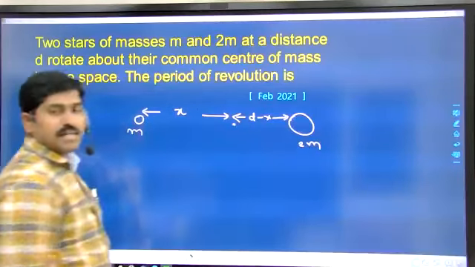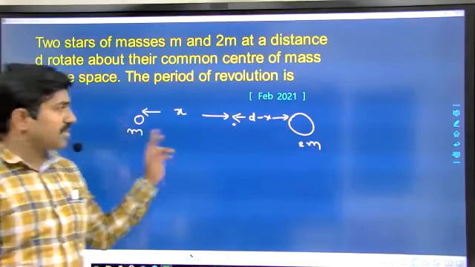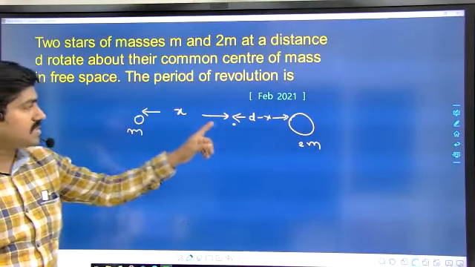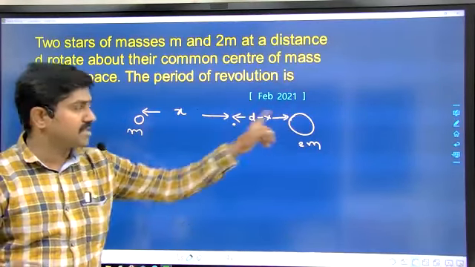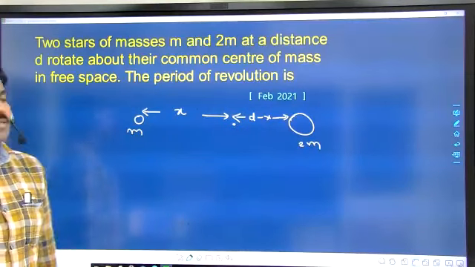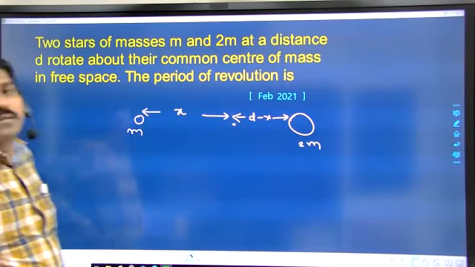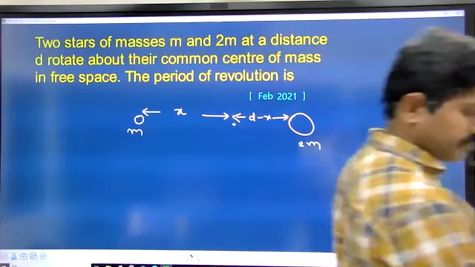At a distance d minus x only, because the total separation is d. So from one mass the distance is x, and for the second mass the distance will be d minus x. Now, while they are revolving because of their mutual gravitation only, the question is the time period of revolution. Try to answer this particular question.